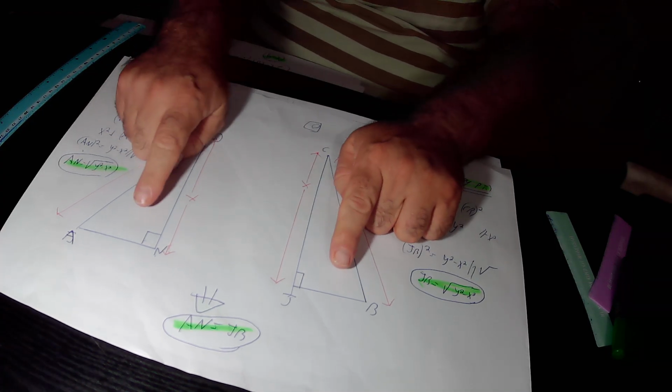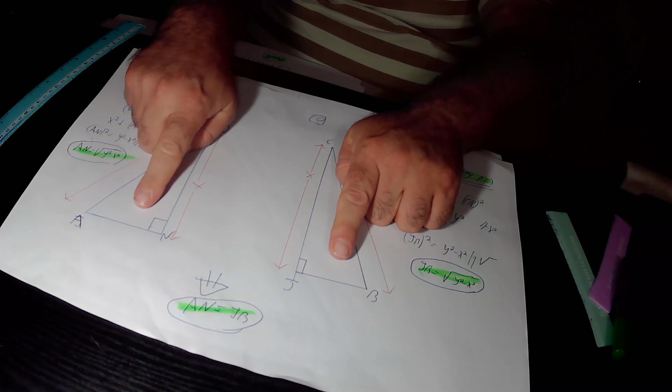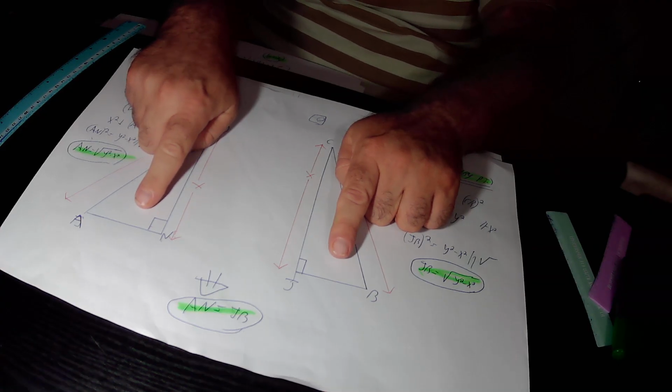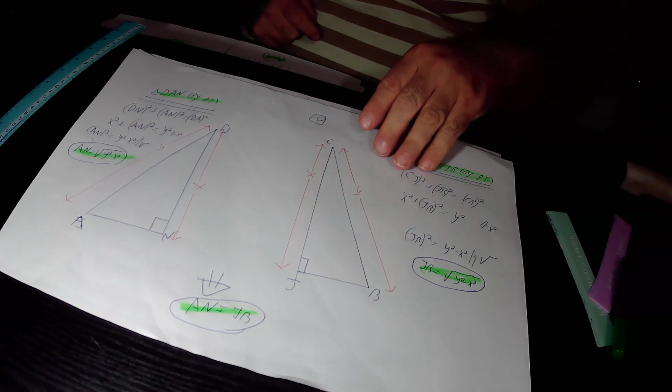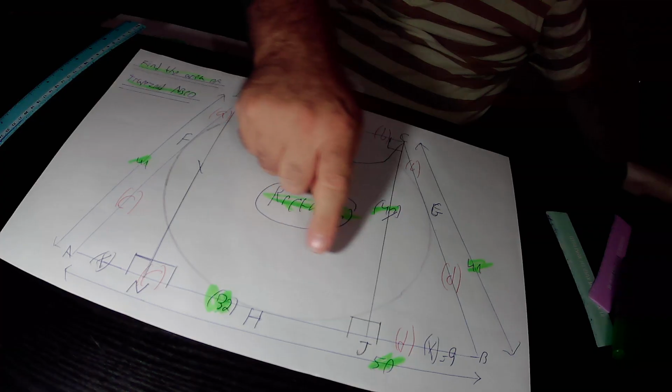And because those two sides, that is to say side AN and side JB, are both equal to the square root of y squared minus x squared, it means that they are equal to each other. That is to say, side AN equals side JB. Okay. We found out that side AN equals side JB.